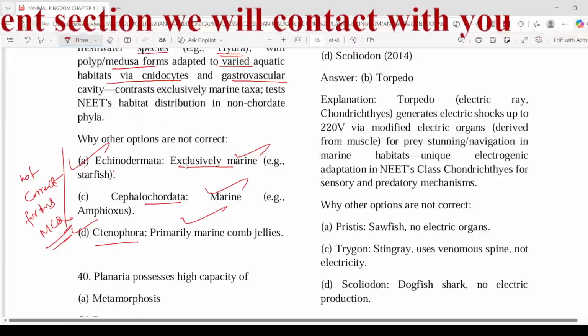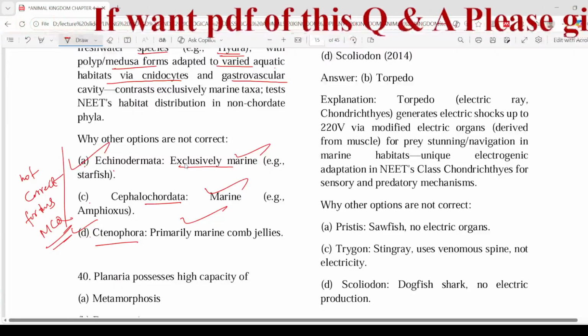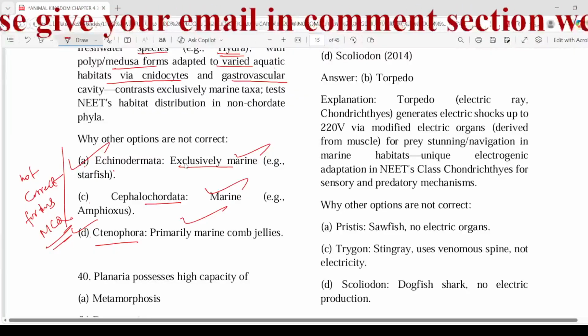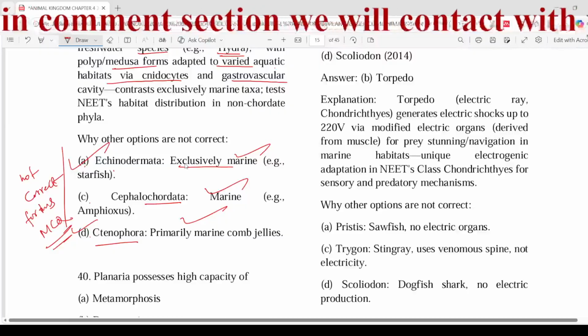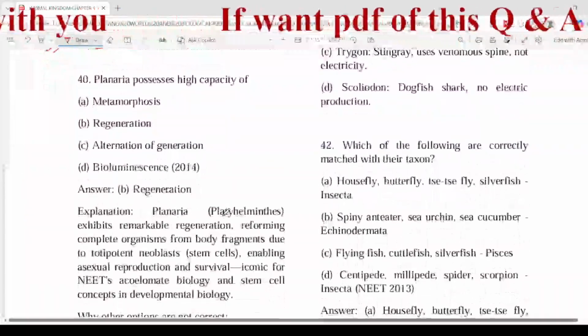Very important: the phylum Cnidaria is the only phylum which includes both marine and freshwater animals. Let's move to the next question.